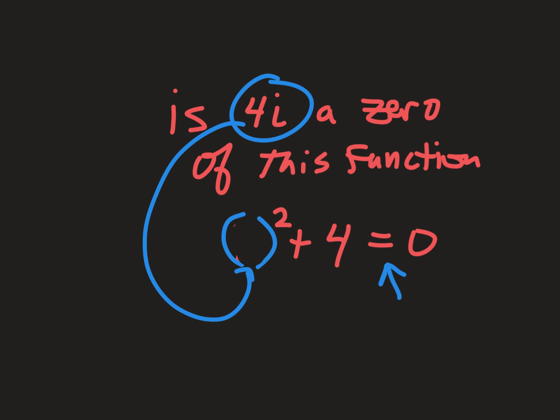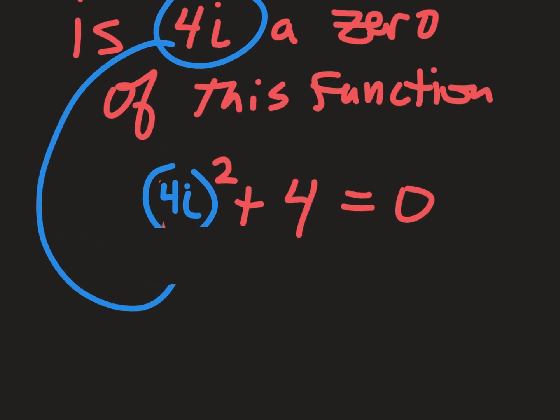All right, so I'm going to put in a 4i right there in a parentheses because those matter. Parentheses matter a lot in math. And any variable is like an empty parentheses. So I just stuck in the 4i. Now, it does kind of seem like it's going to come out to 0 because you know I squared is -1, right? But this is not a 0. How do I tell it's not a 0?